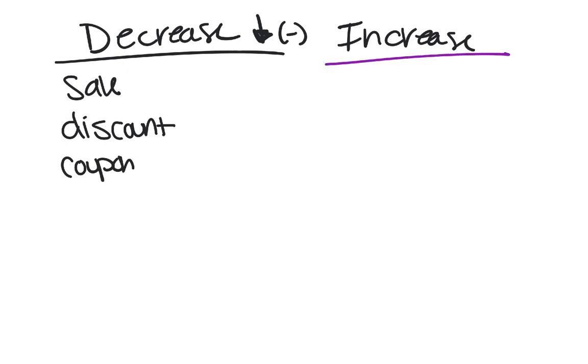Increase words are going to make the price go up, and you're going to add that amount to the total. That would be like tax, tip, if you're leaving a tip at a restaurant or the hair salon or wherever else. Oh, I thought of one, but I forgot it. Oh, a markup.